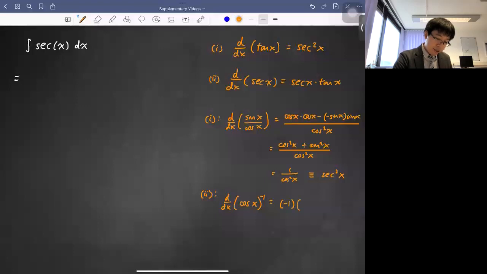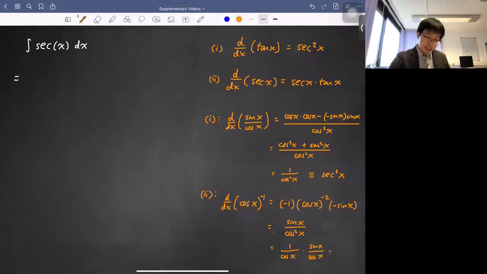Using the chain rule, we pull down the -1, this becomes -2, and then we differentiate whatever's inside. The two minus signs cancel out, and we rewrite this neatly. That's the result, which can clearly be written as secant x times tangent x.